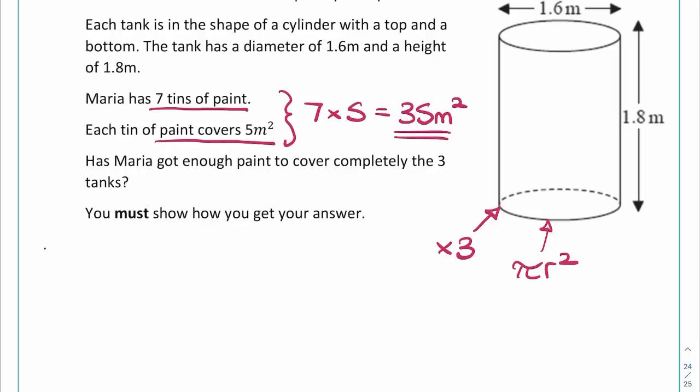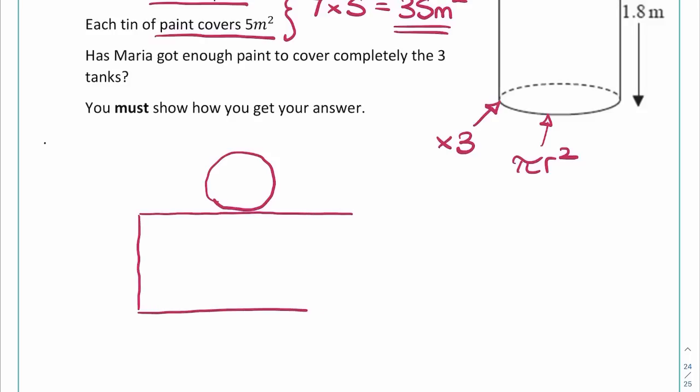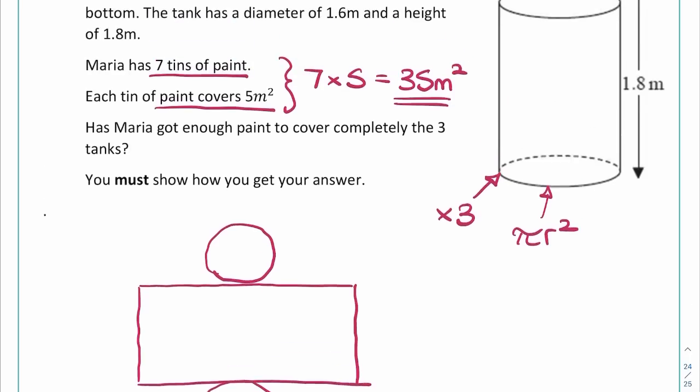Surface area though, we have 2 circles, so we have pi r squared, we've got 2 of those, and you've also got the bit wrapped around the outside. And if we kind of draw this, we have a circle on the top, we have this kind of rectangle that's wrapped around it, this is kind of like a net of a cylinder, and then you also have this circle on the bottom, bit of a pain to draw.